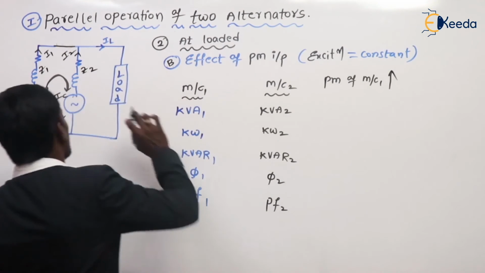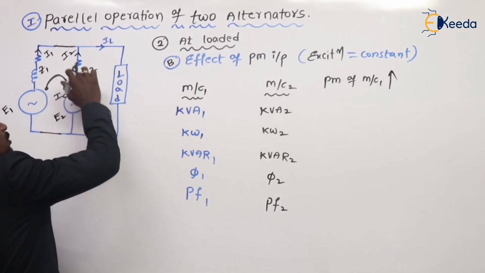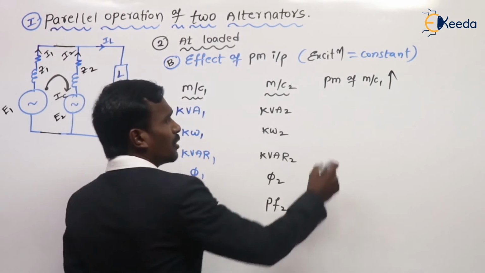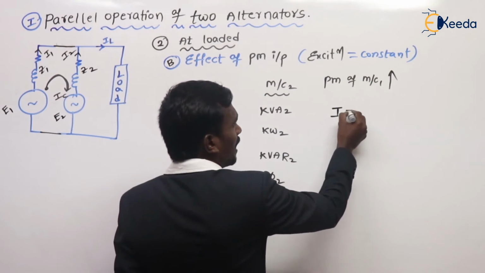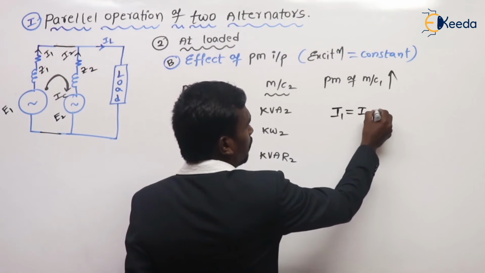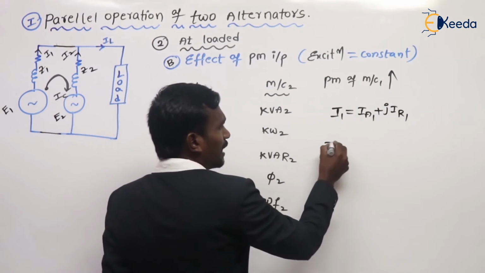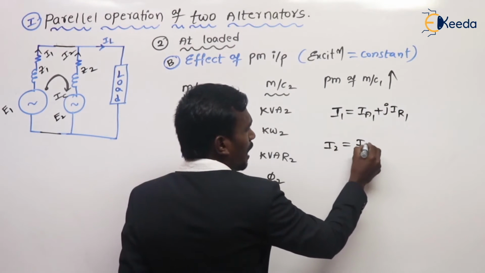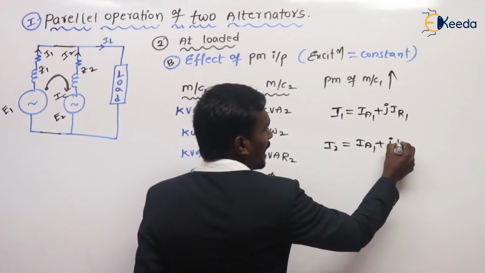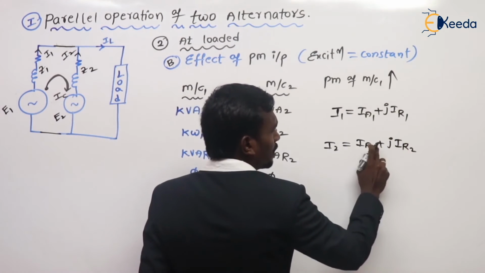Of course, this flows from the first machine to the second machine. Actually, the first machine current is active component plus reactive component. The second one is also active component plus reactive component.